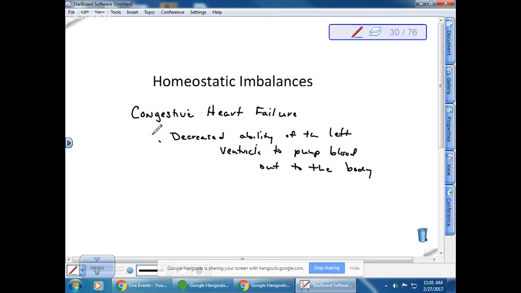The left ventricle is really important, and sometimes the heart can actually get really flabby and kind of thin-walled, and then it just isn't able to contract.